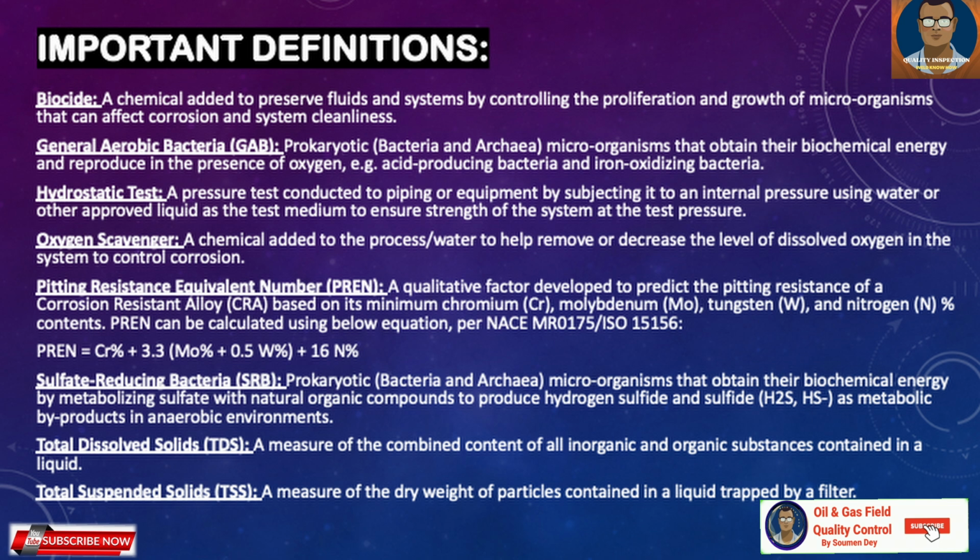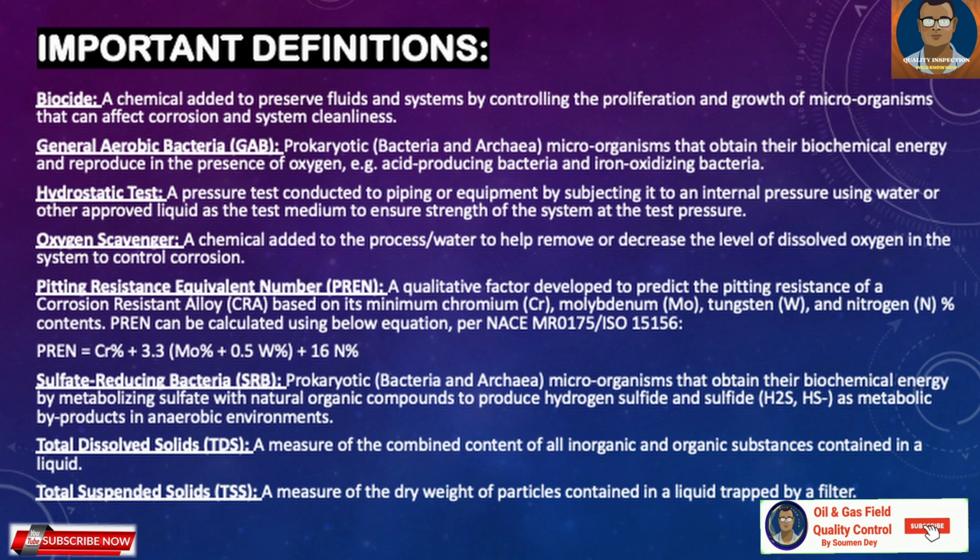PREN can be calculated using the equation as per NACE MR0175 or ISO 15156. It reminds me of the carbon equivalent formula. The PREN formula is: chromium percentage plus 3.3 times the percentage of molybdenum, plus 0.5 times the percentage of tungsten, plus 16 times the percentage of nitrogen content of the material. Then you can calculate the PREN number of the material.